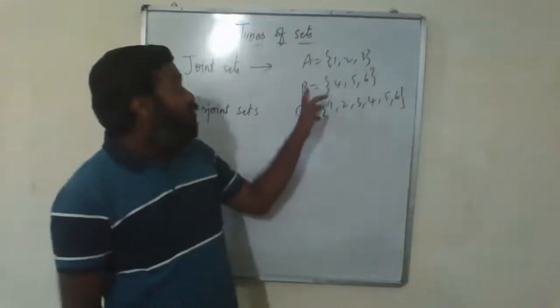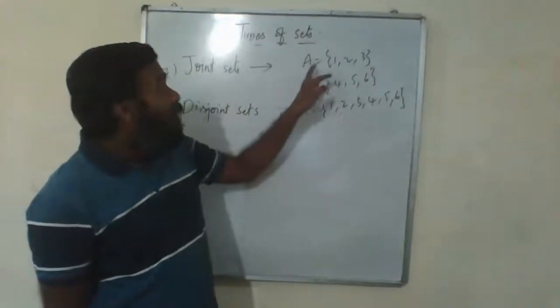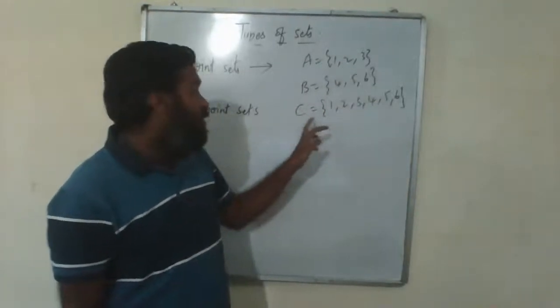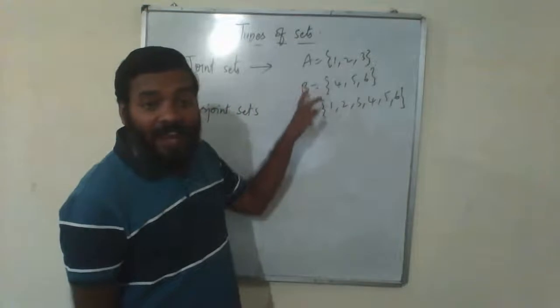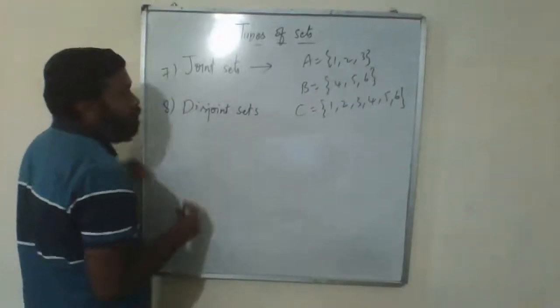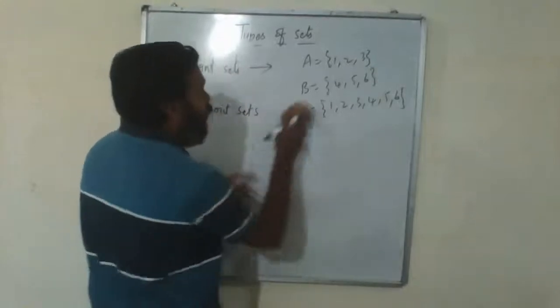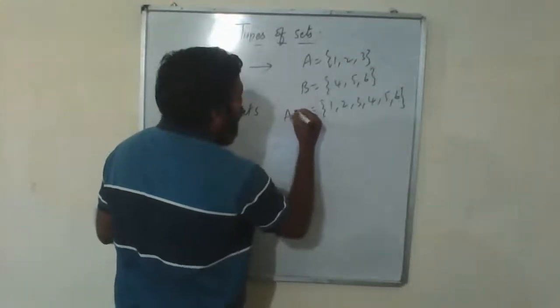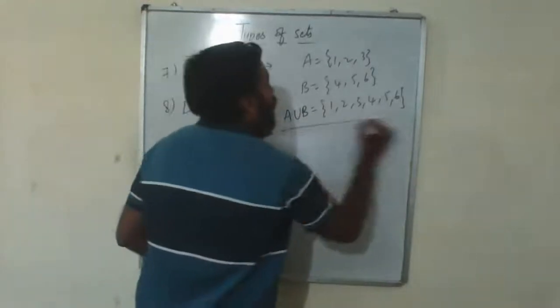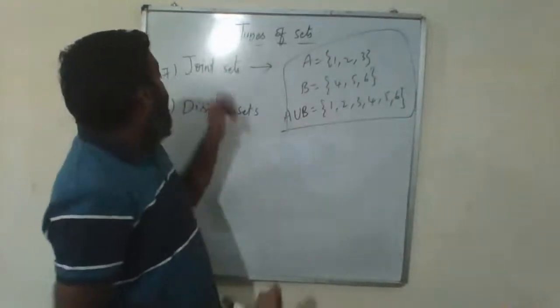C is the joint set of A and B. That means every element of A and B is present in C. So that is the joint set of A and B. Sorry, this is union. This is also known as union.